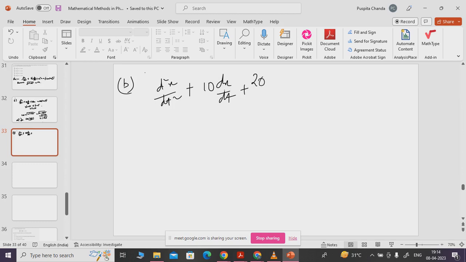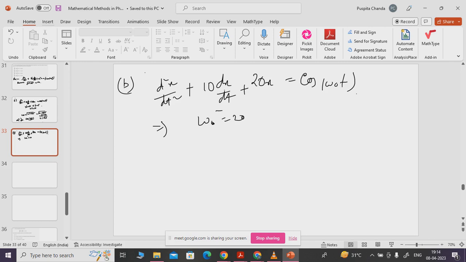Then dx/dt plus 20x is equal to cos omega naught t.